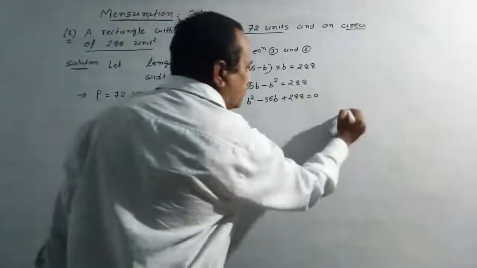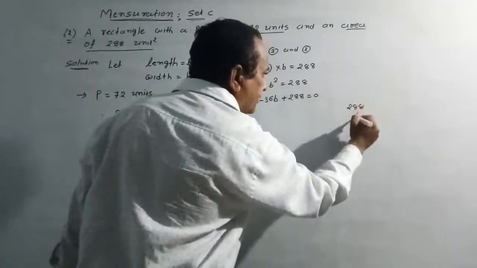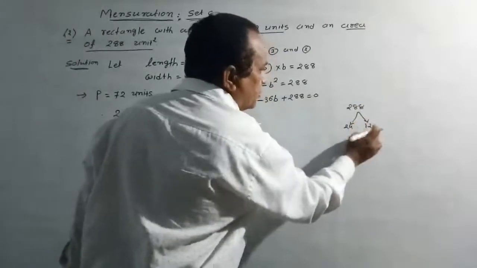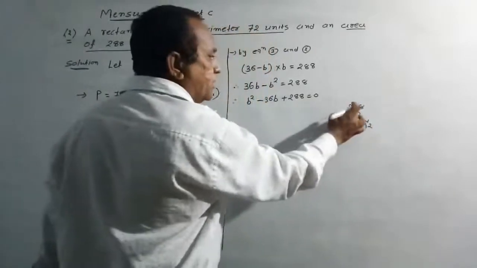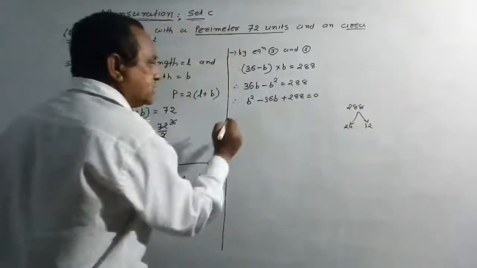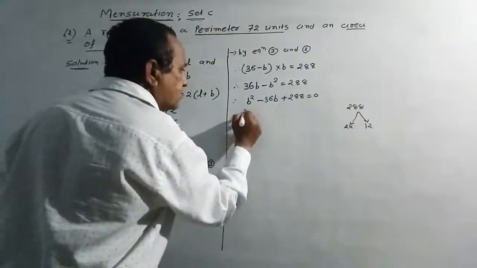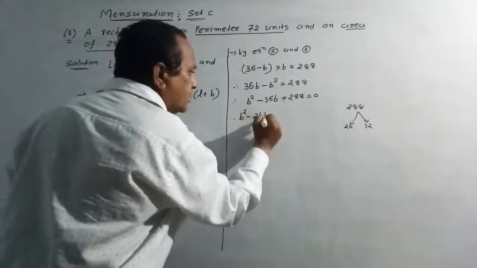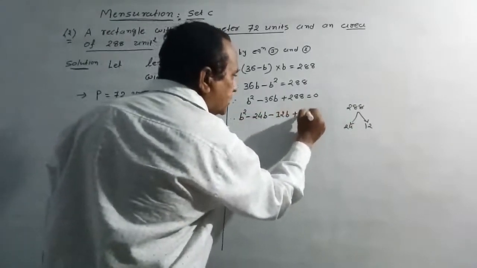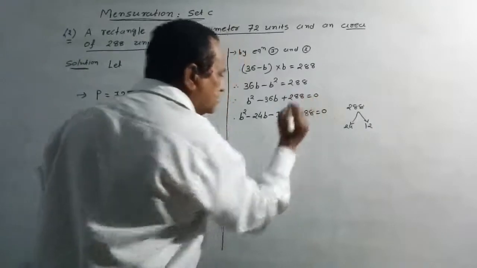Now factors of 288: 24 and 12. 12 multiplied by 24 is 288, and 24 plus 12 is 36. So B square minus 24B minus 12B plus 288 is equal to 0.